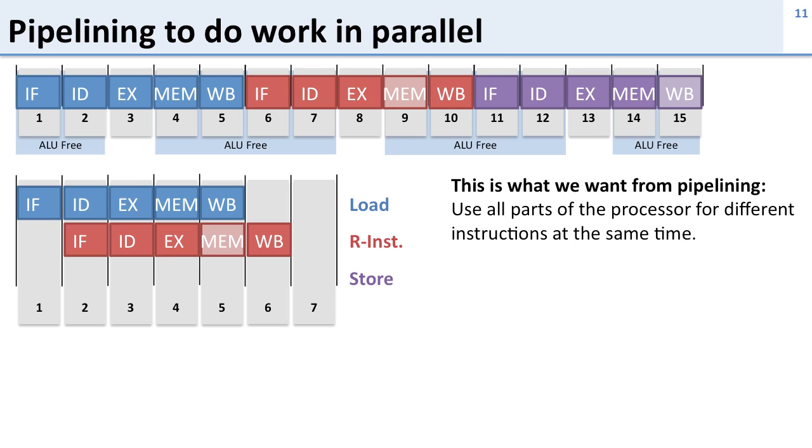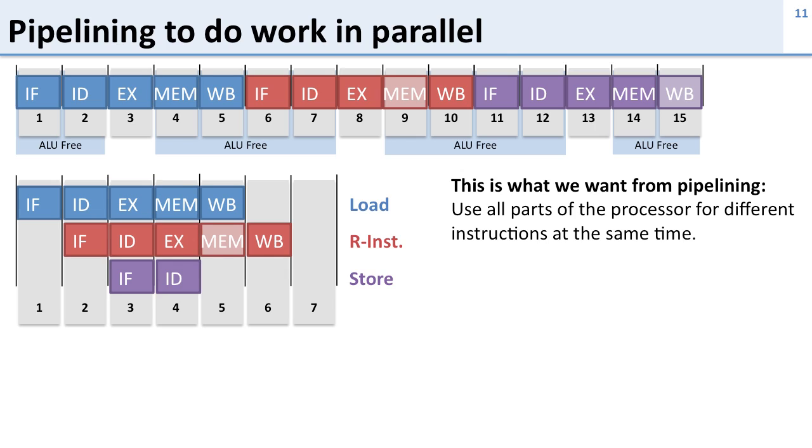When it comes time to do the store instruction, we'll just continue this. So now we're doing the instruction fetch. And if you look at what's happening here, we now have 3 different things happening in the processor at the same time with 3 different instructions. So the load instruction is using the ALU to do its execution. The R instruction is using the register file to read the registers, and the store instruction is using the program memory to read its instruction.